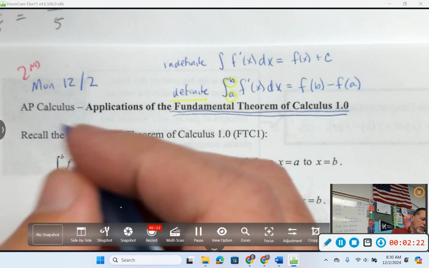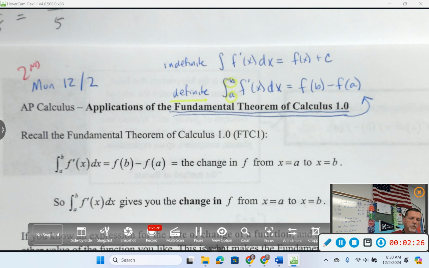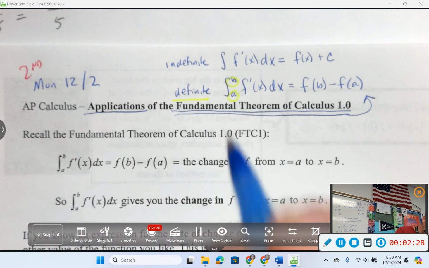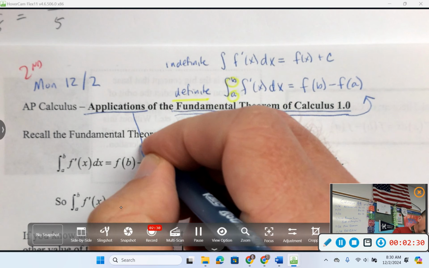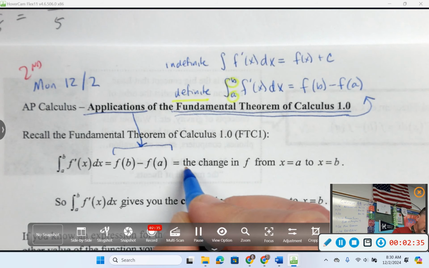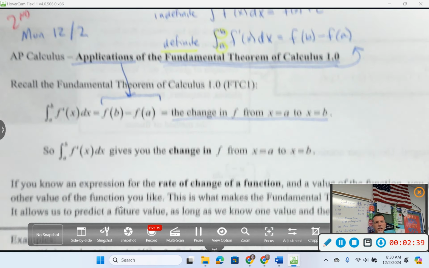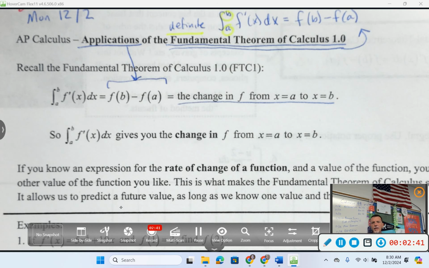How we're going to use that, that's the fundamental theorem. The application, then, is that this f of b minus f of a is the change in f from a to b. F of b minus f of a. It's like, well, that's not really that big a deal either.